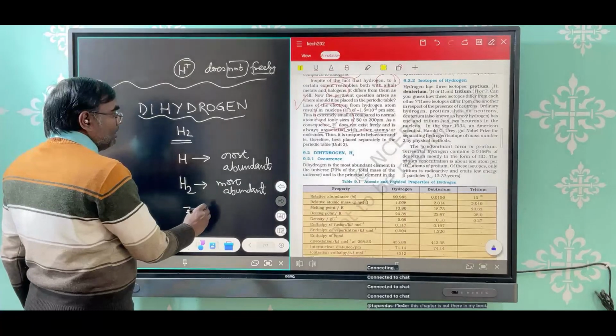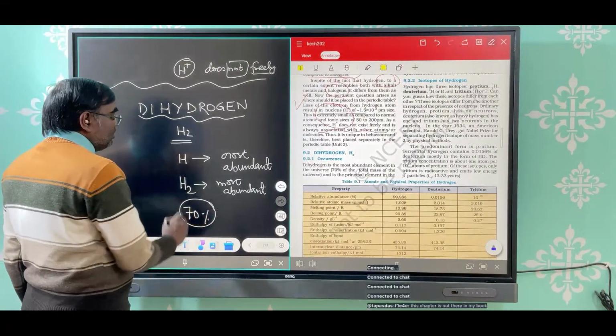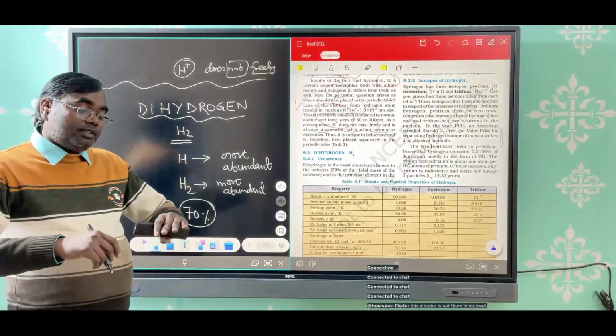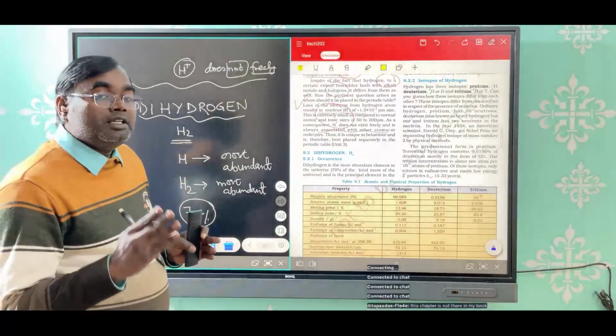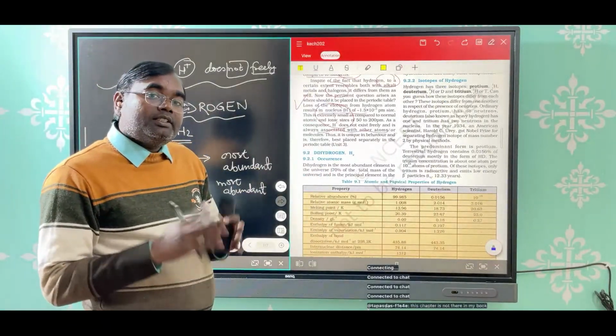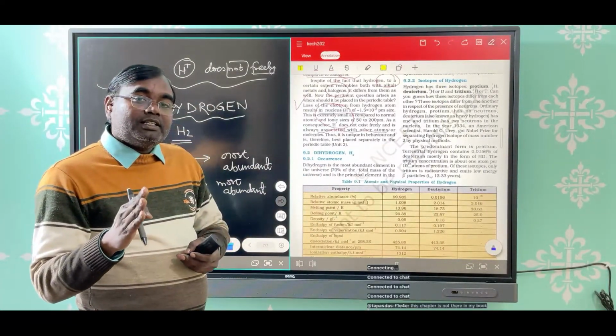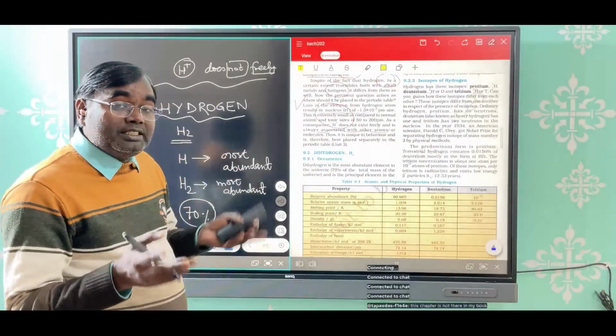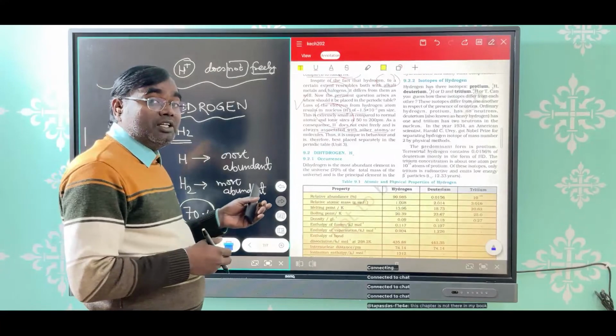70% of the total mass of the universe is hydrogen. You can imagine, if 100 is the total mass of the whole universe, 70 out of 100 is hydrogen. You can imagine the abundance of this hydrogen, dihydrogen.